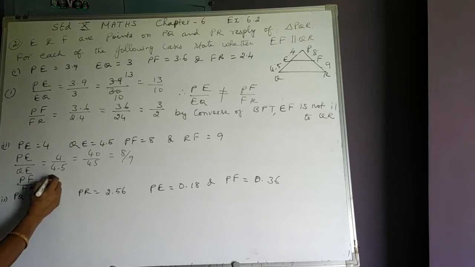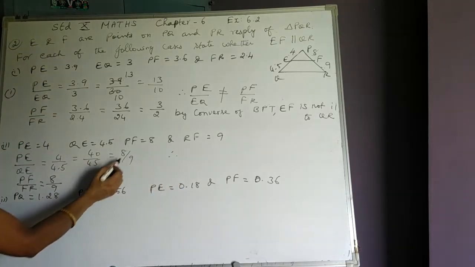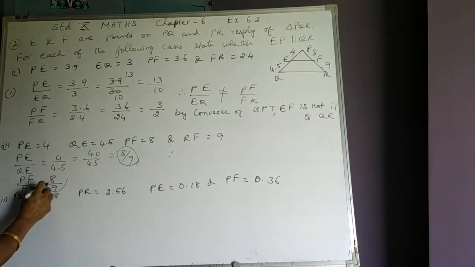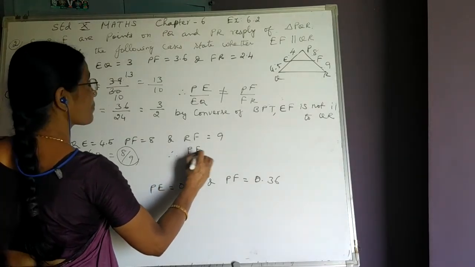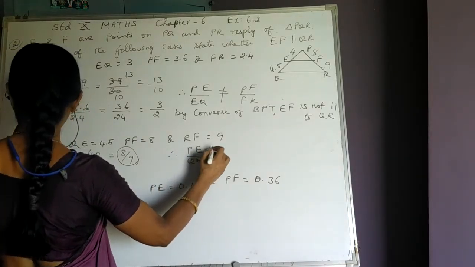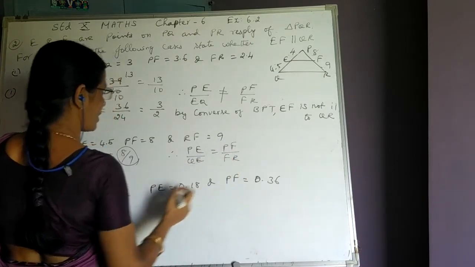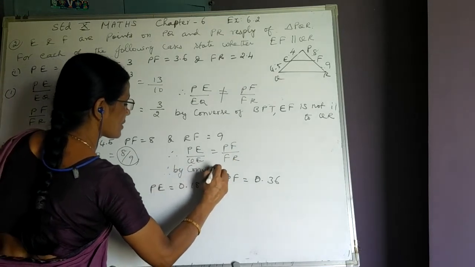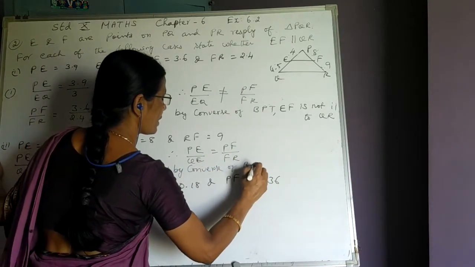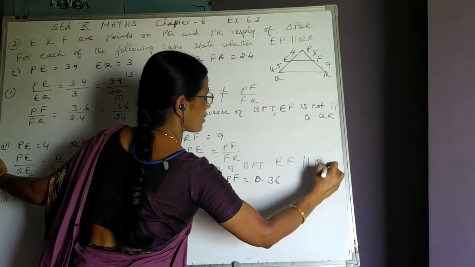PF is 8, FR is 9, cannot be simplified. Therefore, here we get both the answers equal: 8 upon 9, again 8 upon 9. Therefore, we conclude PE upon QE is equal to PF upon FR. Therefore, by the converse of BPT, EF is parallel to what? Parallel to QR.